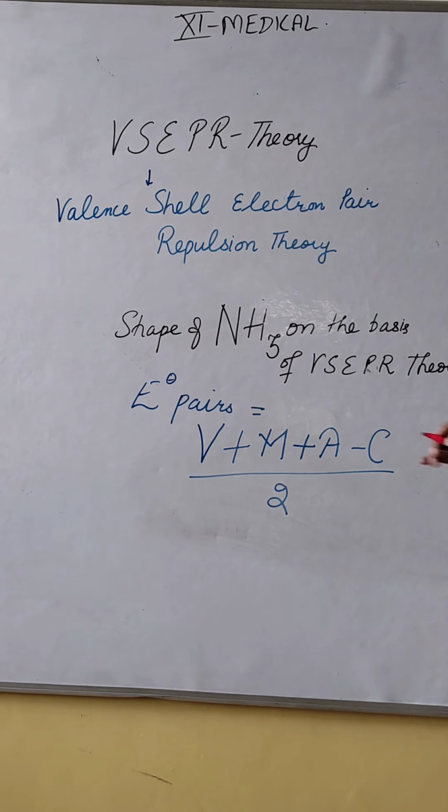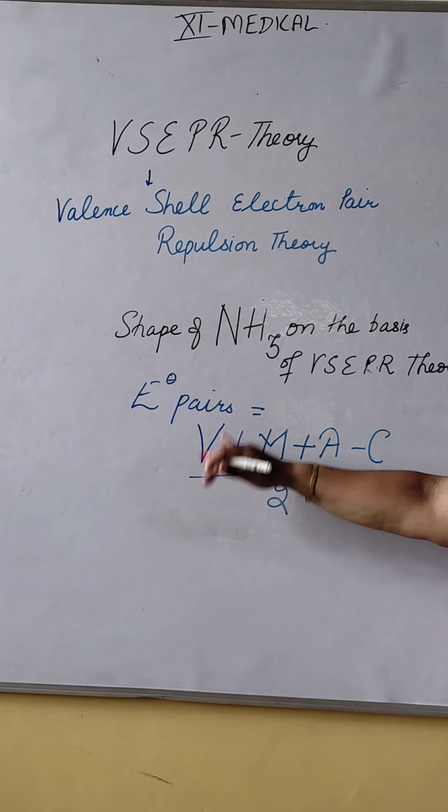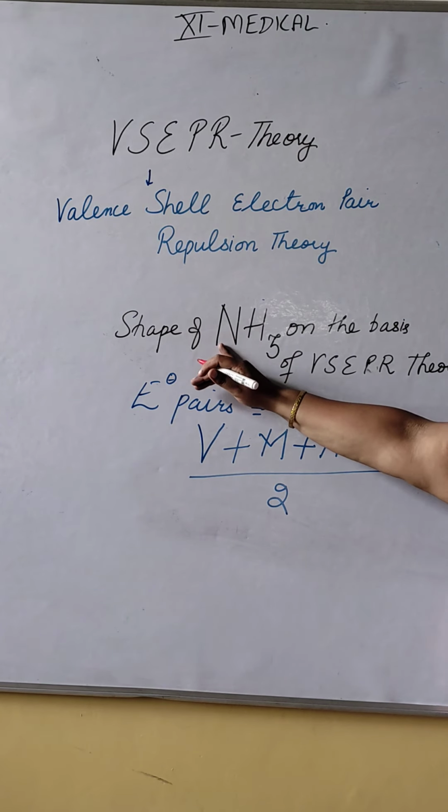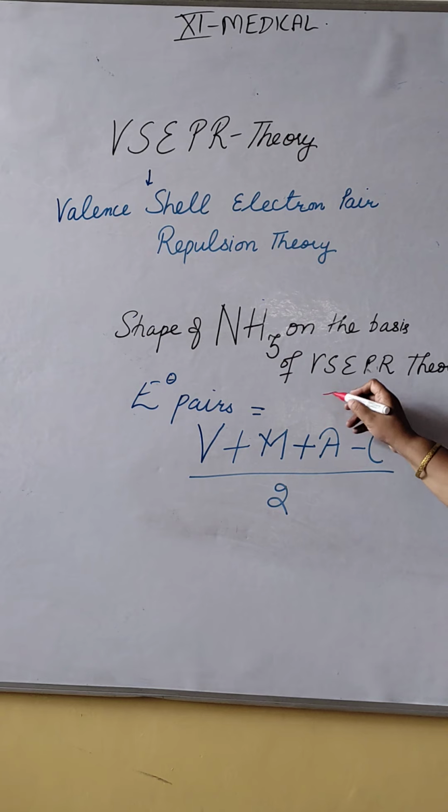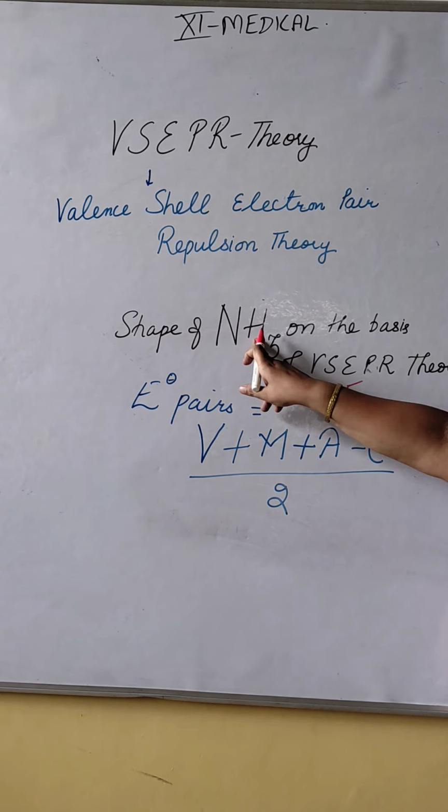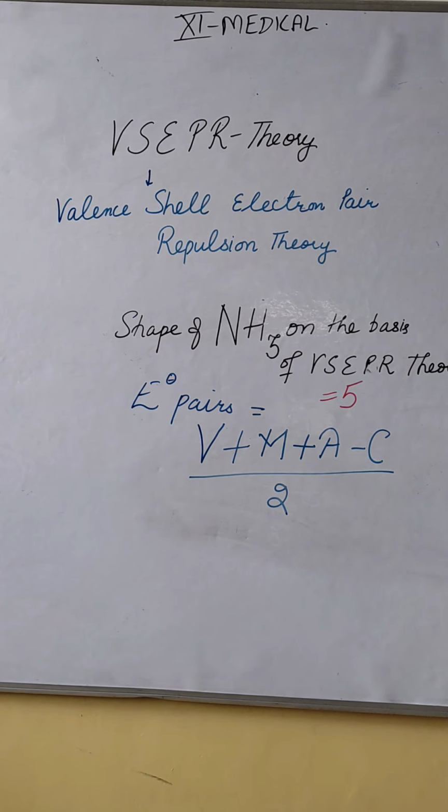So suppose I take the case of ammonia. V means valence electrons of the central atom. How many valence electrons? 5. It is attached with how many monovalent atoms? 3. But is there any charge present on it?